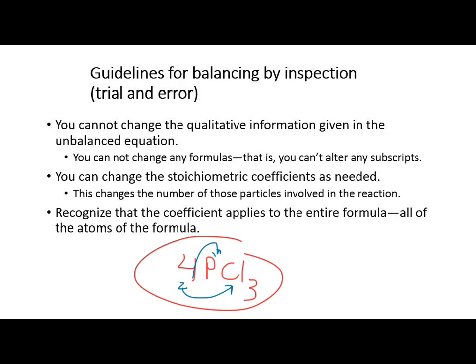I kind of think of it as multiplying. If you break this out, you have 4 P's, and how many chlorines do you have? 12. Yeah, 12. But I'm talking about how to get the front number.